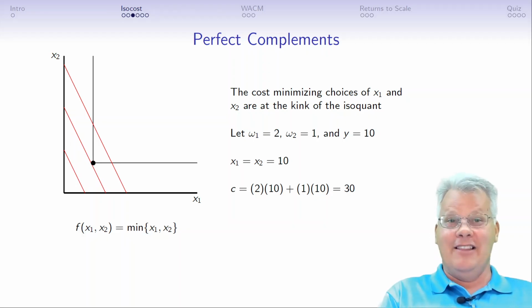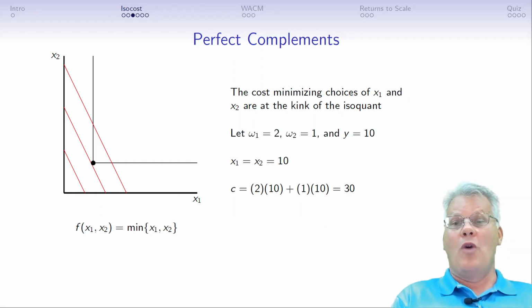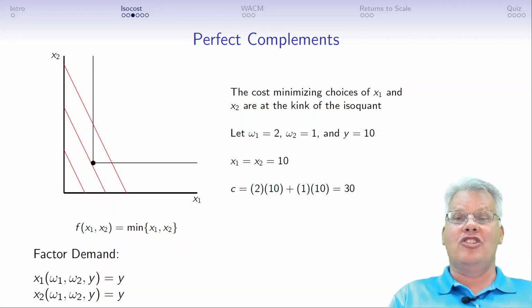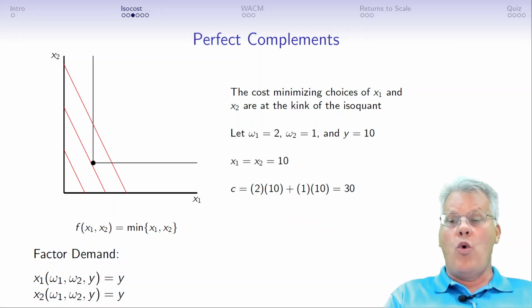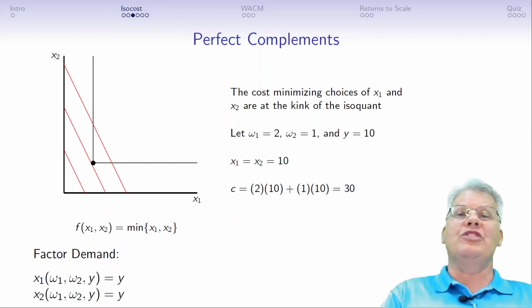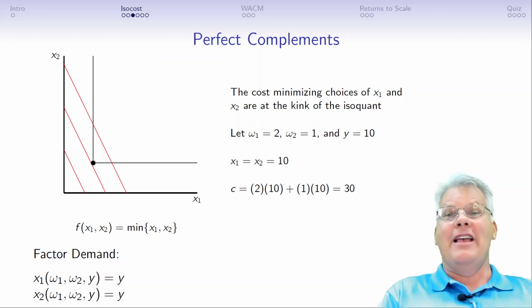In this, the theory of the firm section of the course, we're going to derive factor demand functions. Factor demand functions will show me what quantity of factor 1 and factor 2 the firm purchases to produce a desired level of output, y, minimizing costs.